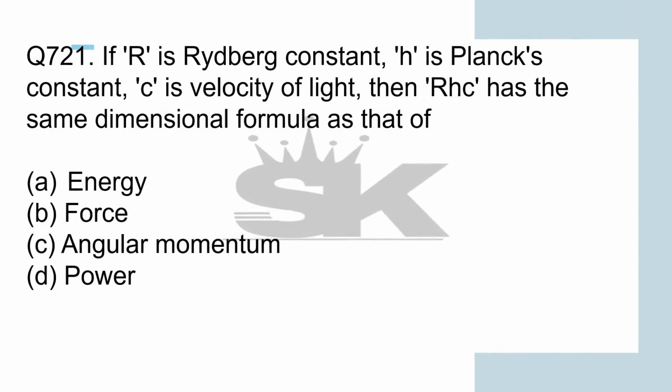If R is Rydberg constant, H is Planck's constant, C is velocity of light, then RHC has the same dimensional formula as the top. So here R equals M power 0, L power minus 1, and T power 0. H: E equals h nu, right?